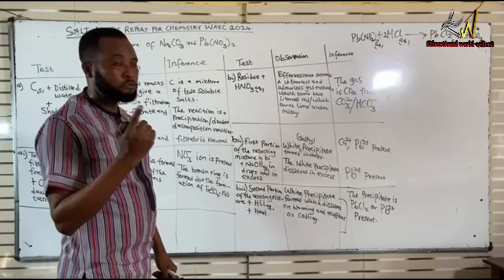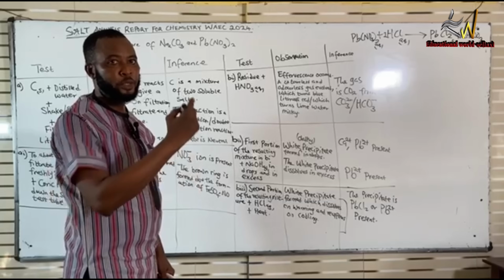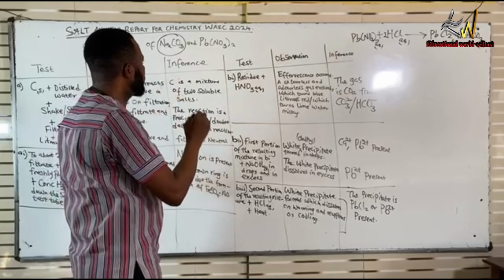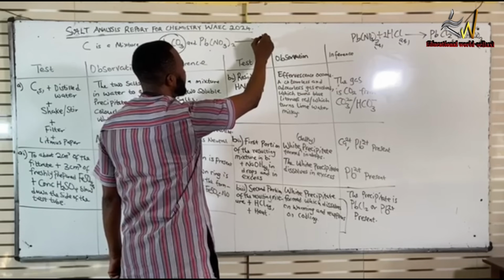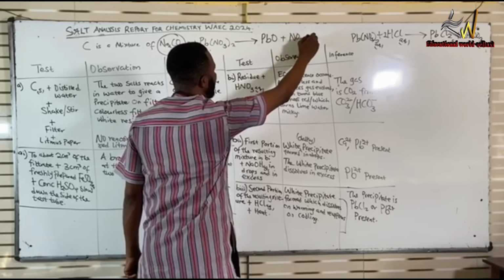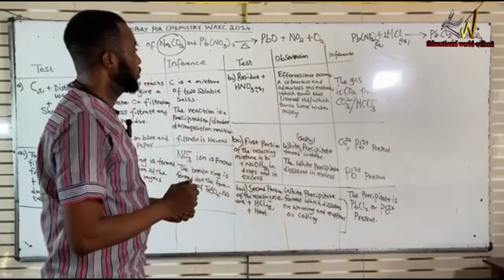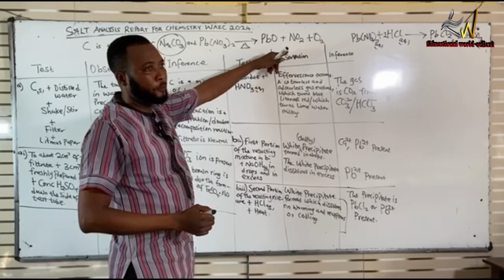They might ask you to heat C. Now this will not react, it's stable on heating. Sodium carbonate is stable on heating, but this will react to give you lead oxide plus nitrogen oxide and oxygen on heating.